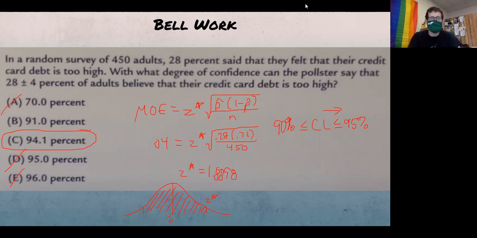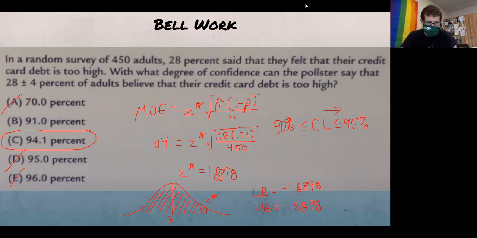If you're going to do a normal CDF to figure out the exact confidence level, you want to go from a lower bound of negative 1.8898 up to an upper bound of positive 1.8898, because remember, this is the number of standard errors away from the mean, not just a z-score measuring up from negative infinity.